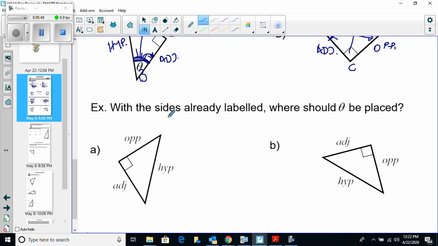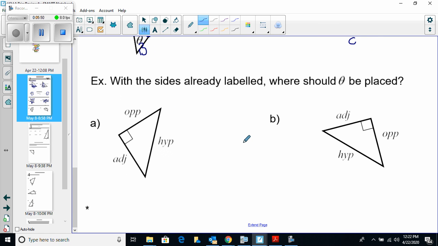Now, with the sides already labeled, let's see where the angle theta that we are discussing is. So now we are going backwards. On the first example, we had to label the sides, and now the sides are labeled, and we will find the angle.